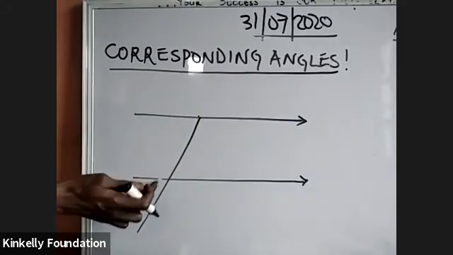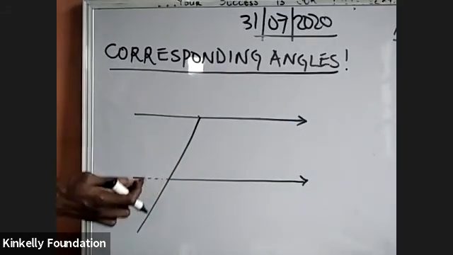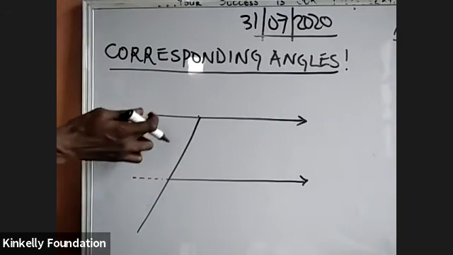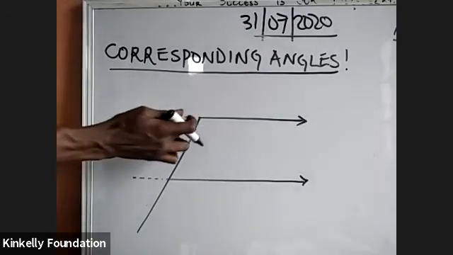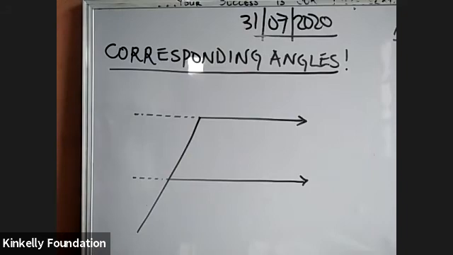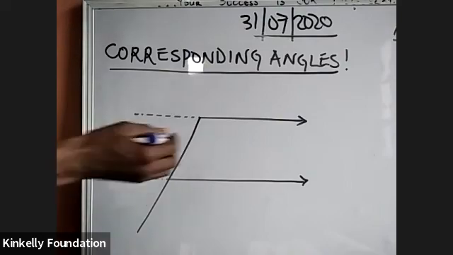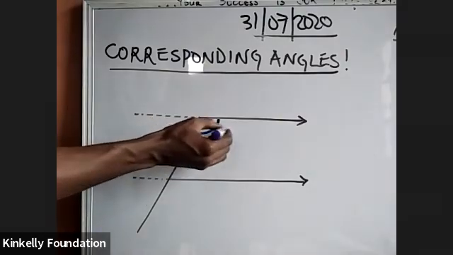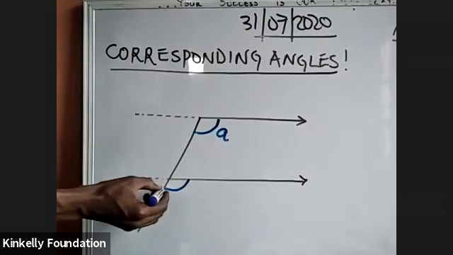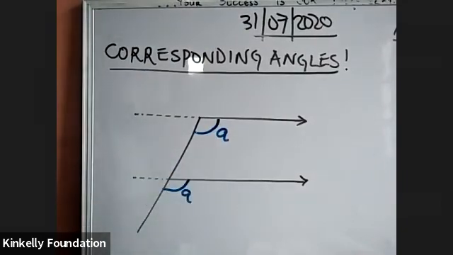If you check the top of this point, you see the shape this has. It has the shape of an F. Here is equal to here. The colors of pairing are the same, so they are equal.